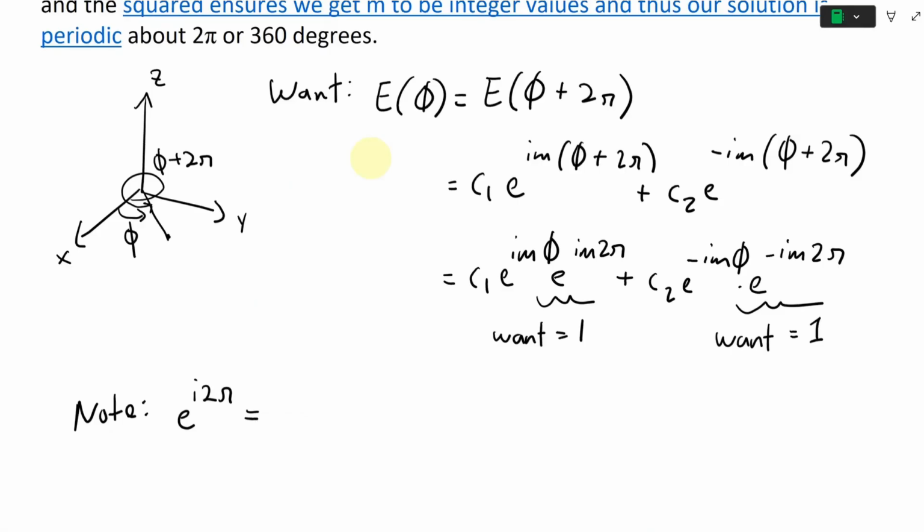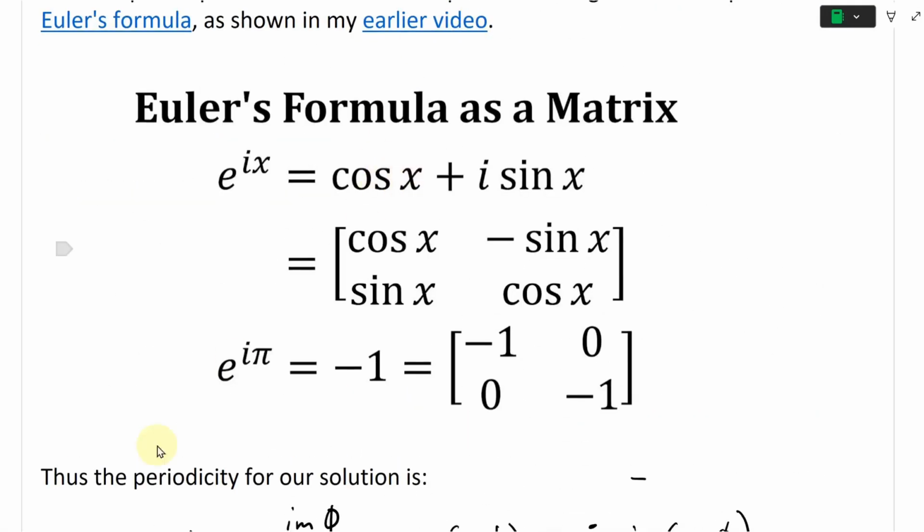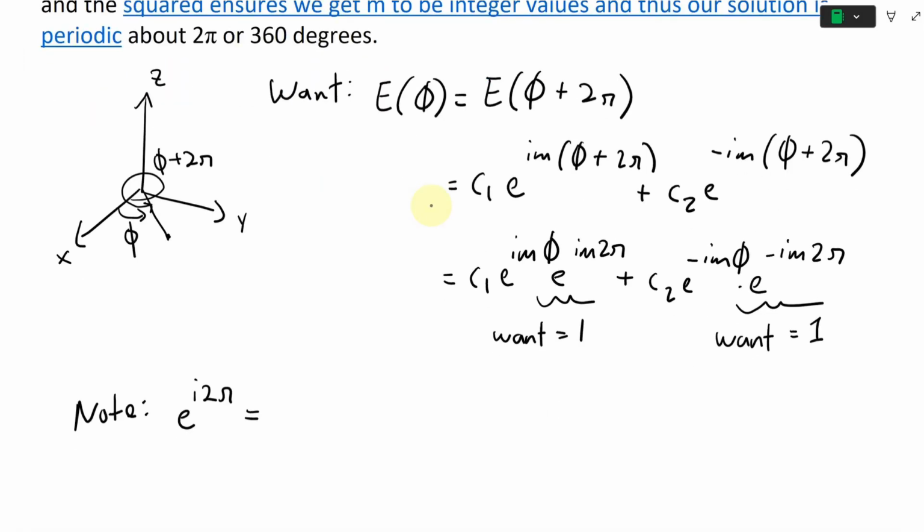This equals cosine 2 pi plus I sine 2 pi.